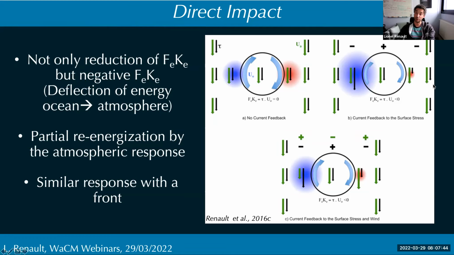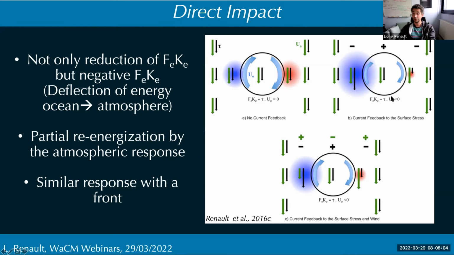In a forced ocean model, when we use the relative wind, so instead of using the absolute wind when estimating the surface stress, we use the difference between the wind and the currents. The wind is still prescribed, so in green it's still uniform, but we will have a reduction of the surface stress on this side of the eddy.